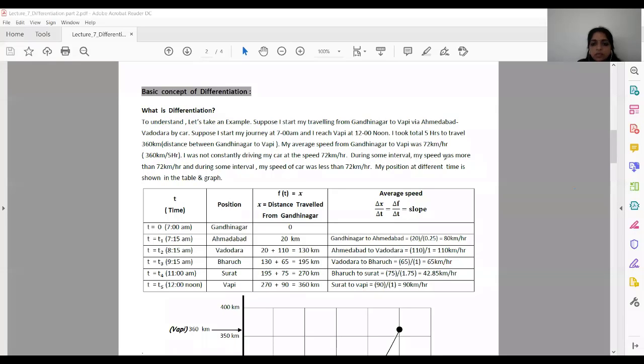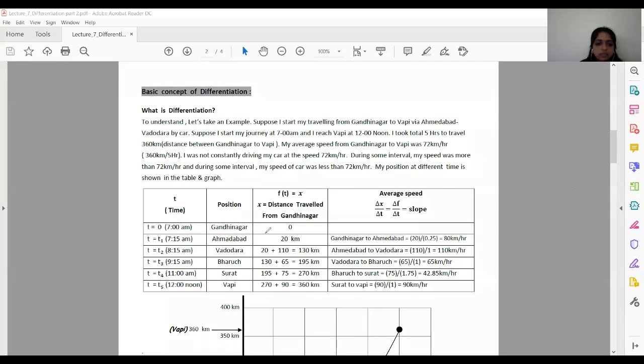During some interval, my speed was more than 72 km per hour, and during some interval, my speed was less than 72 km per hour. So my position at different times is shown in a table and graph. Let's study the position with the help of the table.